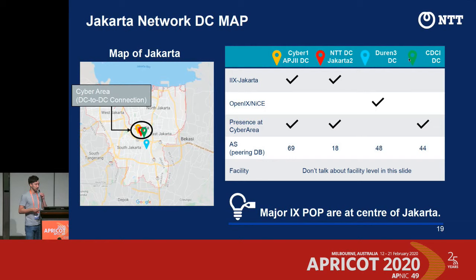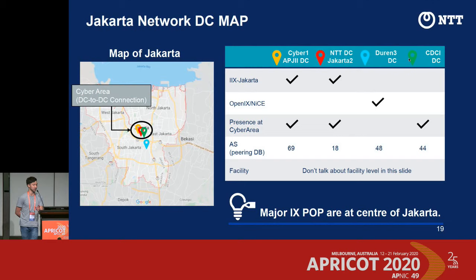Okay, so let's get back to the main topic, where to expand your POP in Indonesia. We have 3 main presences in the Cyber areas. Cyber 1 Apogee data center is in the Cyber area, NTT data center Jakarta 2 is also in the Cyber area, and the CDCI data center is also in the Cyber areas. And I put a number for how many ASNs are in each data center.